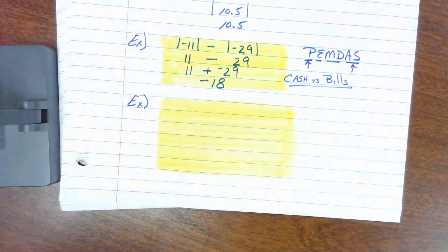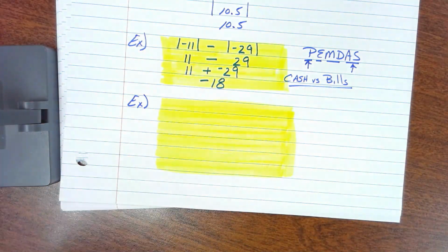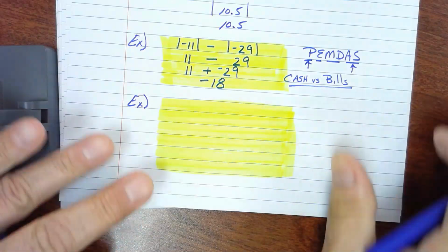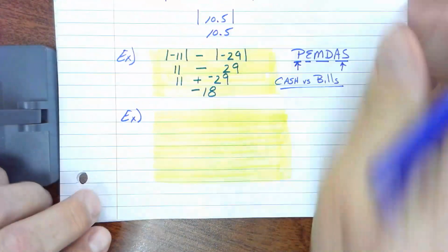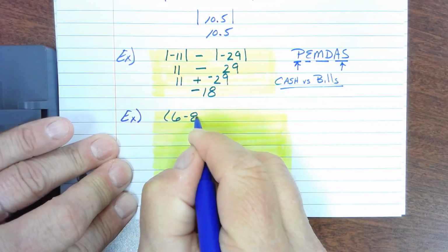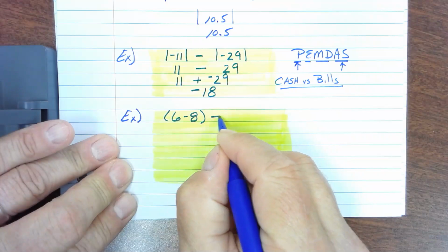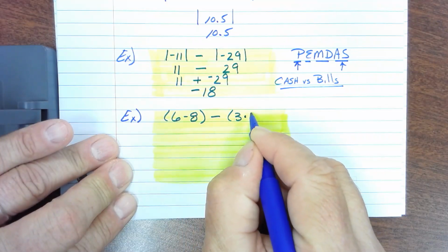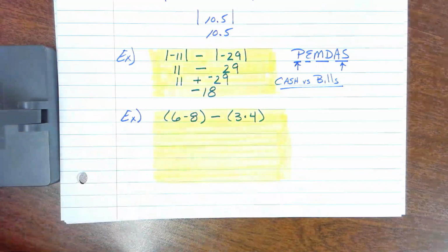Make ourselves look real smart here. In parentheses, we have 6 minus 8 minus 3 times 4.